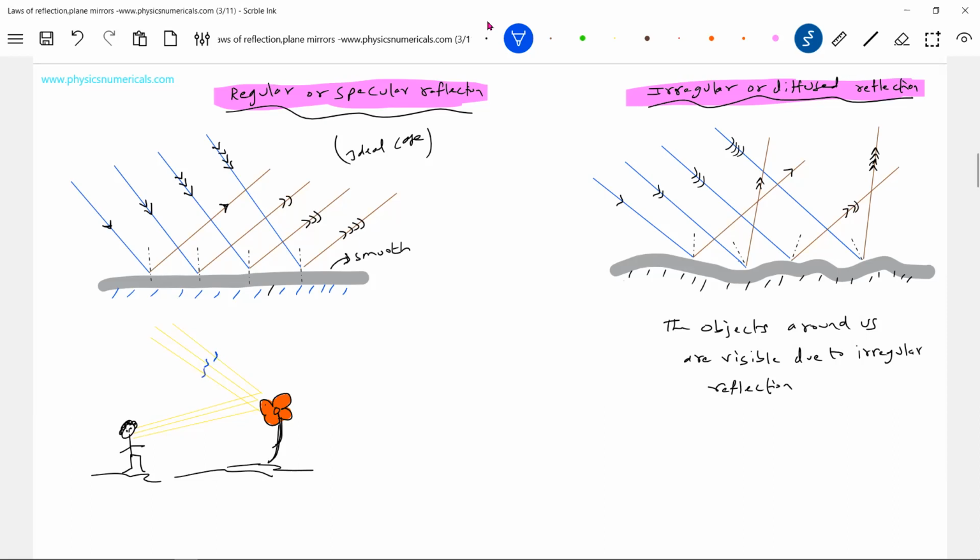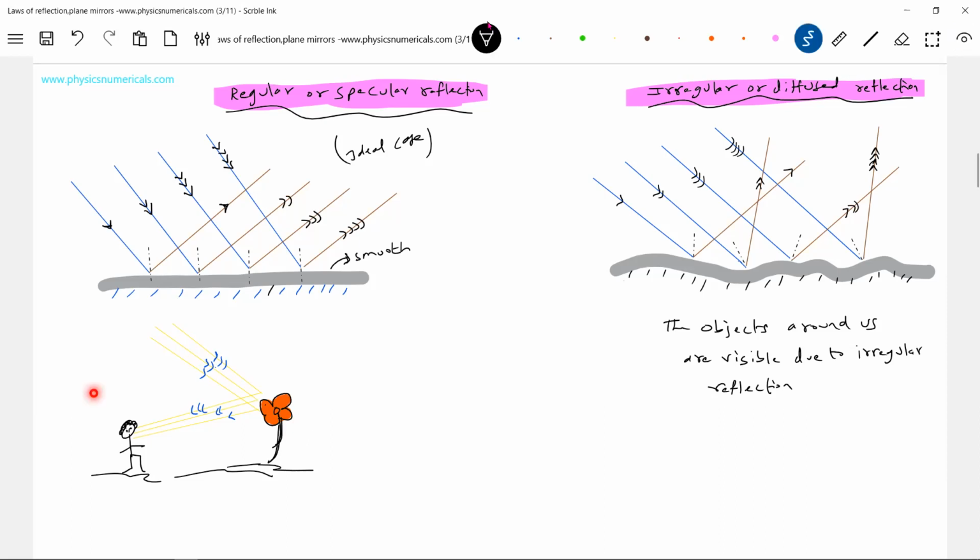An object is visible to us when the reflected light enters into the eye. Here the sunlight incident on the flower gets reflected, and when the reflected light enters the eye, the eye processes this and says that a red color flower is what I'm seeing.